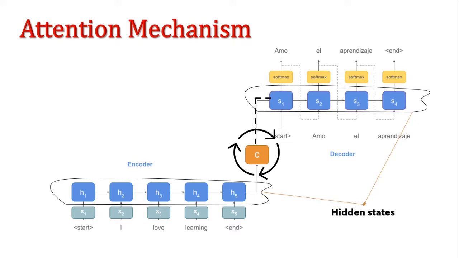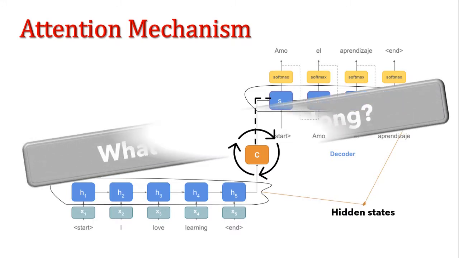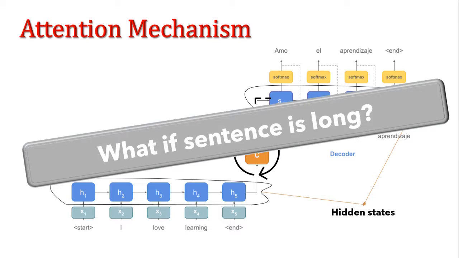But guys, one thing to note here is that there was one problem, and that was, what if the sentence is long? All the information could not be compressed in the last hidden state, and due to that, our translation would be incorrect and inaccurate if the input sentence is long and detailed.